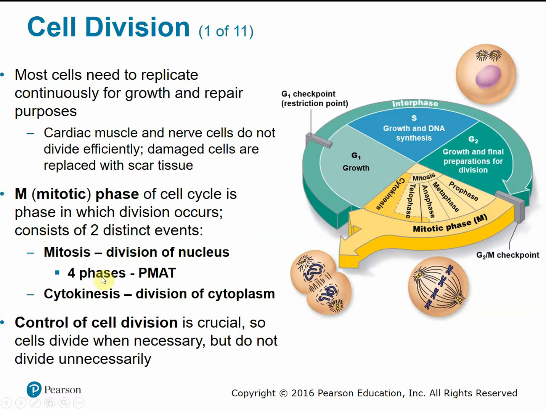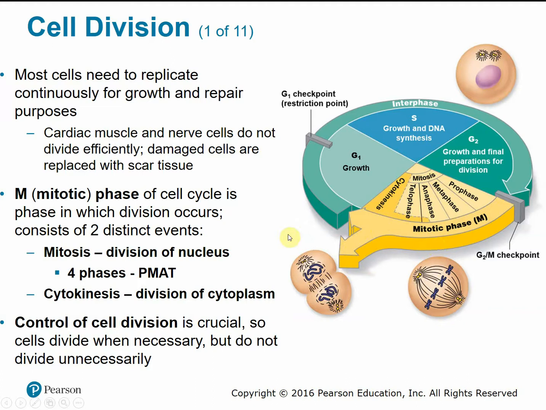So there's 4 phases of mitosis that we'll look at in order of PMAT. And then cytokinesis is this last phase. So this is division of the cytoplasm. So once we've separated the chromosomes and the nucleus, then we kind of pinch off in the middle to separate the two cell membranes.